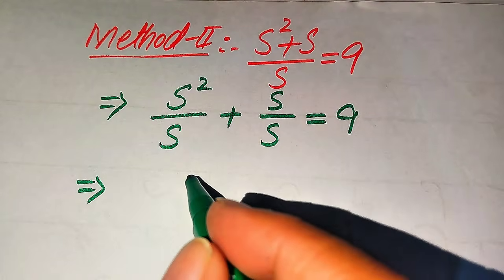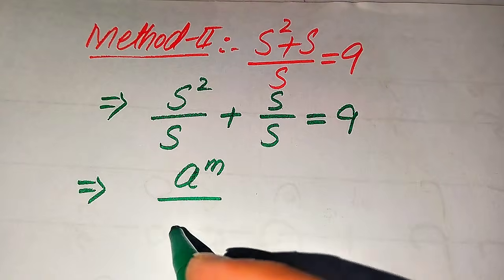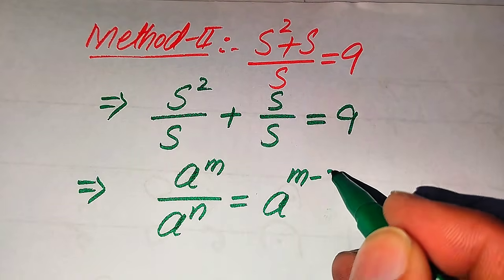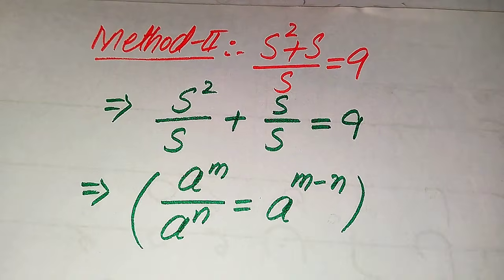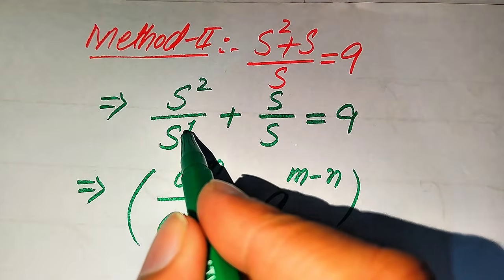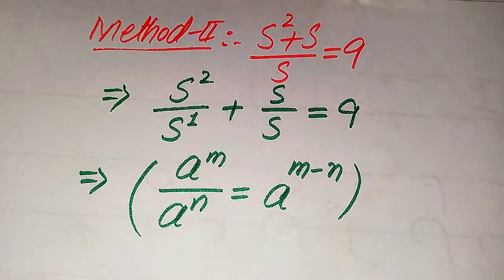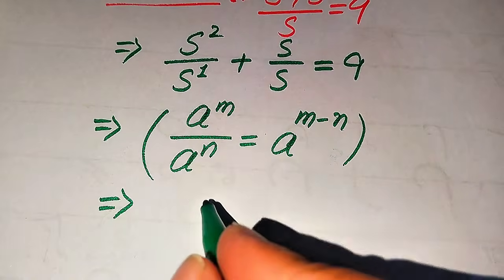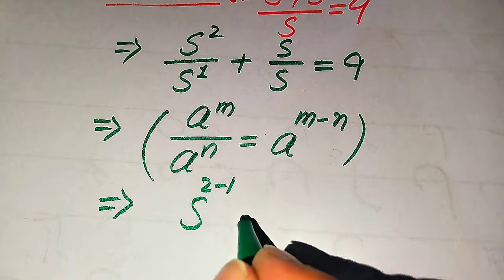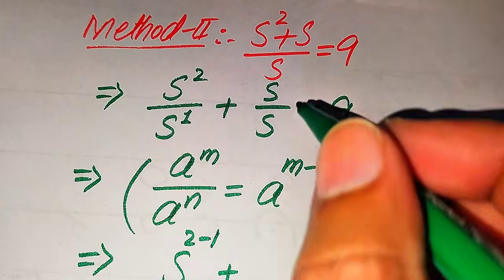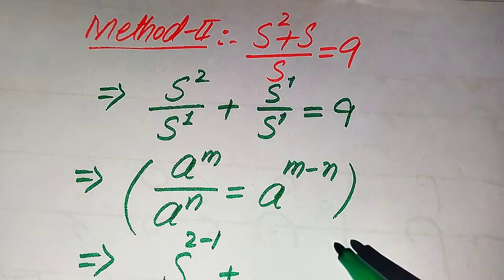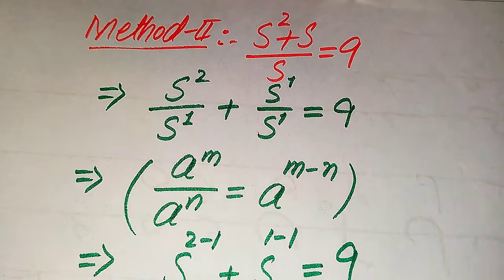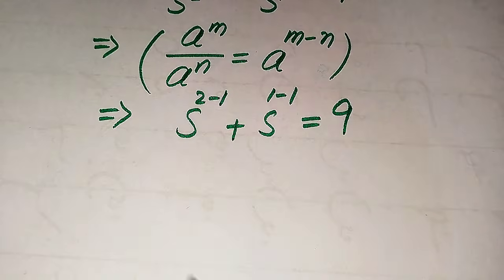So you know that if we have a to the power of m divided by a to the power of n, it equals a to the power of m minus n. According to this rule, the exponent of the denominator is 1, so we move this 1 to the upside, and it will be written as s to the power of 2 minus 1, plus, in this case the exponent of both of these terms is 1, so it becomes s to the power of 1 minus 1, equals 9.